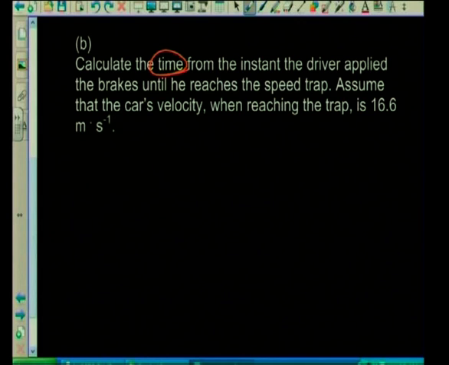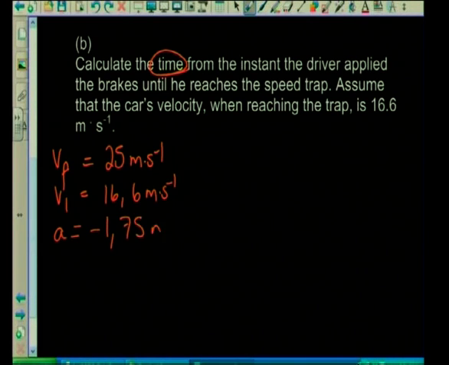So now they're saying to you, if he starts at 25, he's going to end at 16,6. We've just calculated his acceleration as minus 1,75 meters per second squared. He needs to do it in a distance of 100 meters. That hasn't changed. How long does he need to do it in?